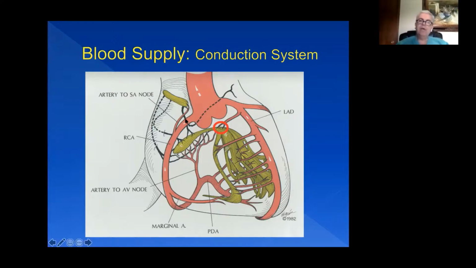But also when you have a complete heart block as a result, for example, of complete occlusion of the right coronary artery in acute MI, you can understand why that would result in heart block as you stop the blood supply to the AV node, or why it would result in sinus node dysfunction or sinus bradycardia or arrest if the block was proximal enough, proximal to the origin of the branch that supplies the blood to the sinus node.